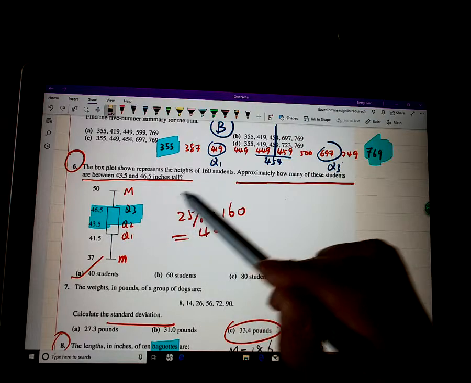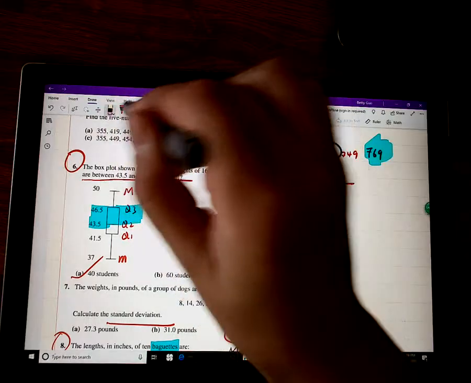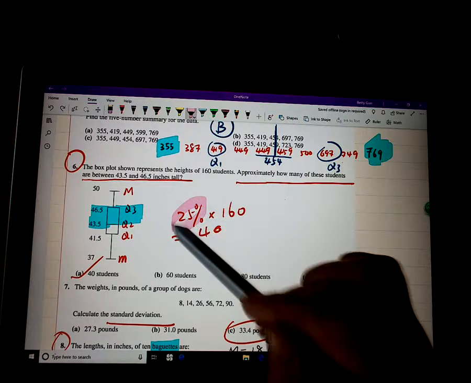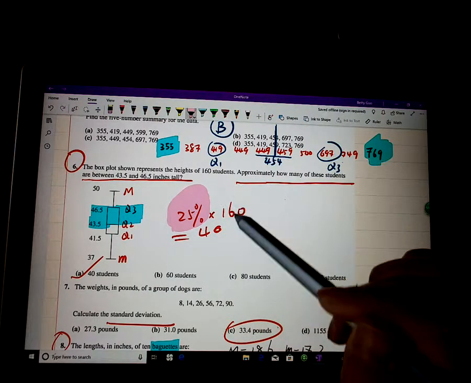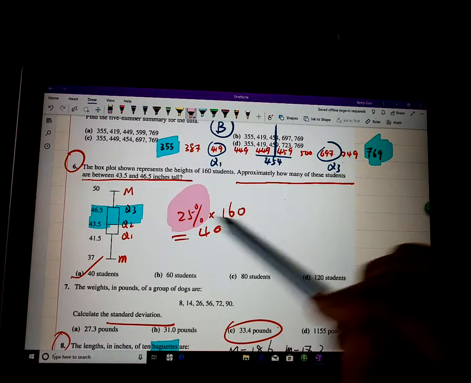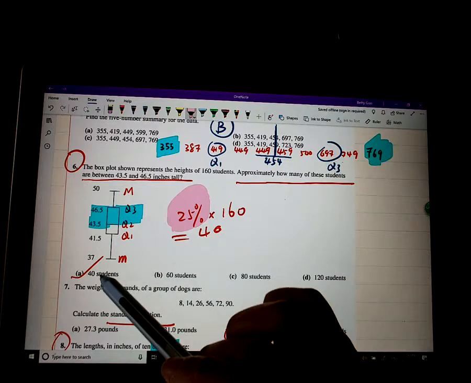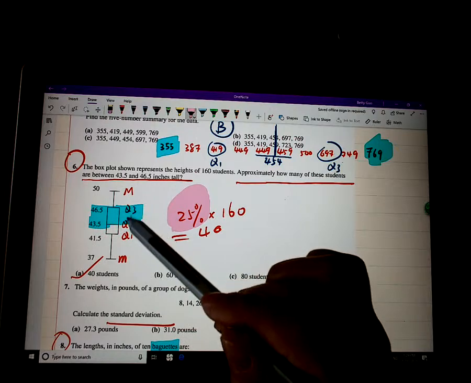You know a quarter of the values is between Q2 and Q3. And in total, you have 160 students. A quarter of 160 is 40. So you have 40 students who fall between Q2 and Q3.